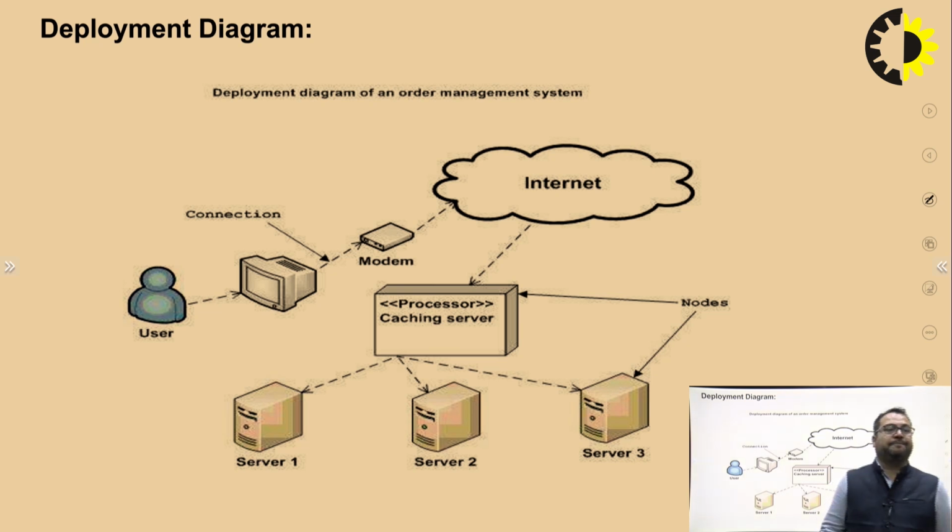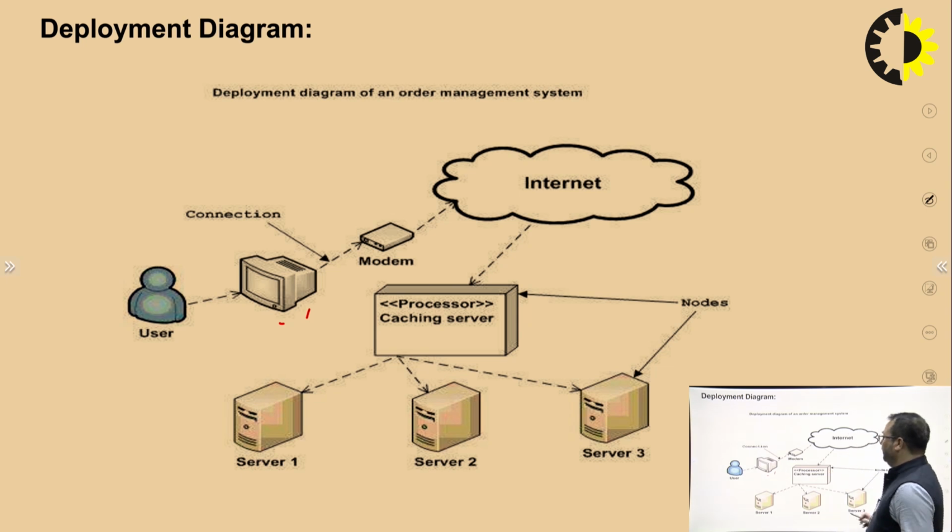Okay, this is the deployment diagram. Deployment diagram means you are going to deploy the code onto the internet. So what are the various nodes at every level? If you want to deploy this kind of application, the order management system, we would have a user with a desktop or mobile. It could require a modem, we would have types of servers, internet and all.